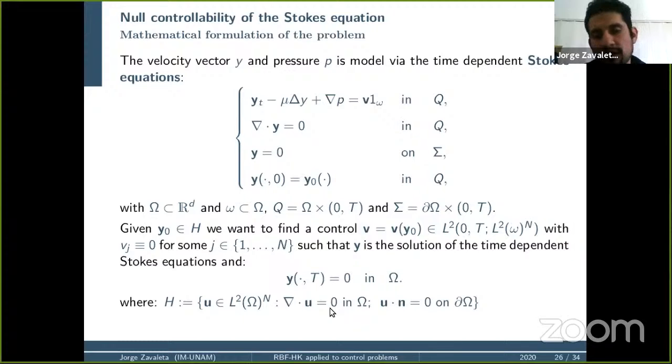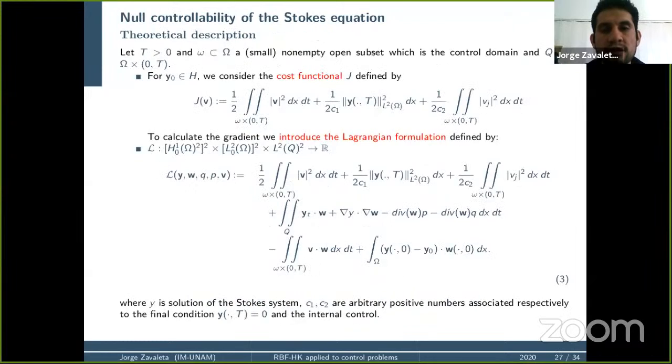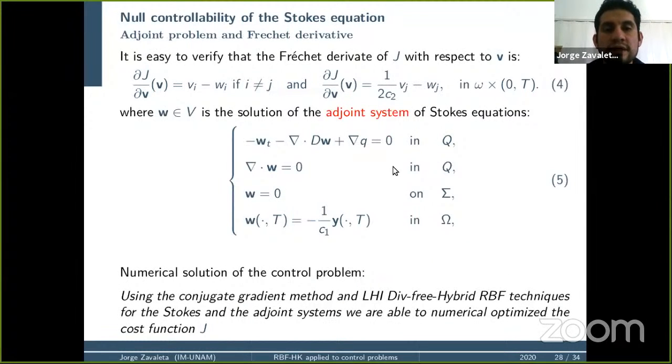In this problem, they proceed as I did with the optimal control problem. They are looking to minimize this functional, and to do so, they use the Lagrangian formulation. So it incorporates the constraints into the functional and obtains this functional, then takes the Fréchet derivative to obtain the adjoint system.